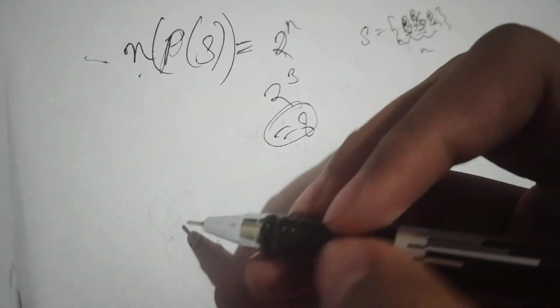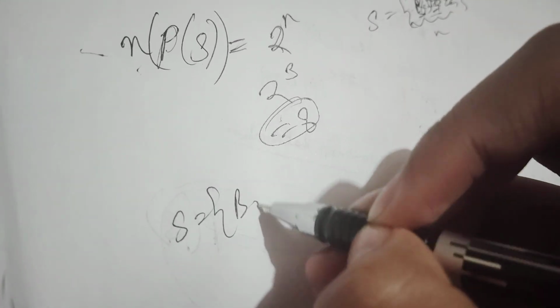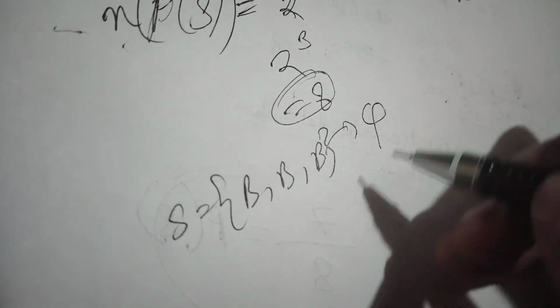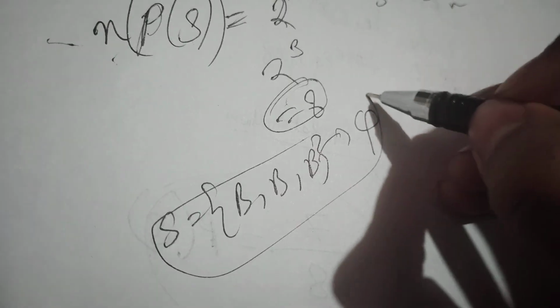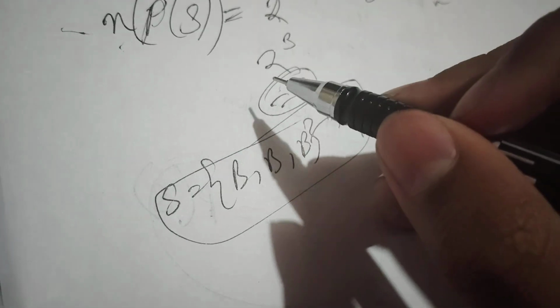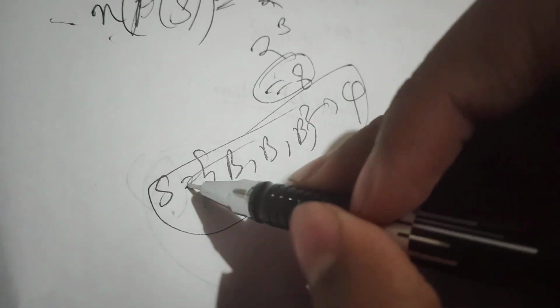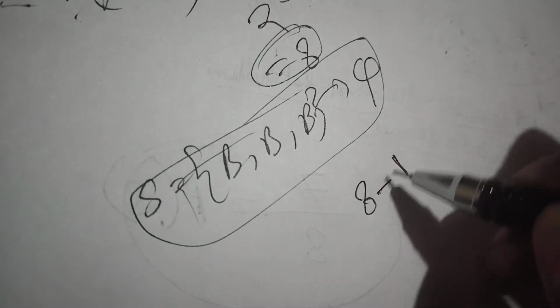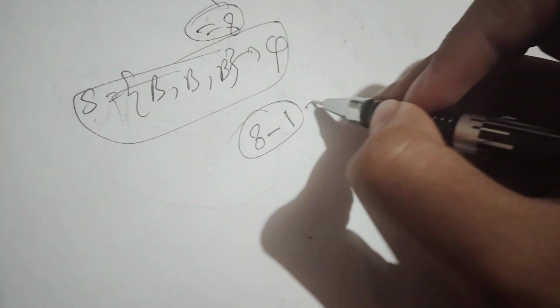But one of them is going to be B, B, B, which we can also count as phi. So we are going to ignore this and minus 1 from the total combinations, which is 7.